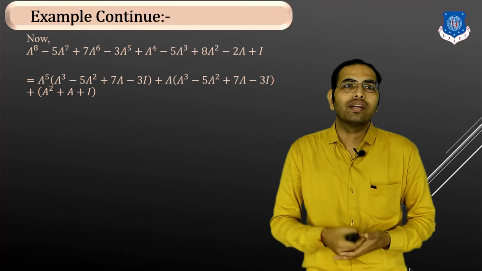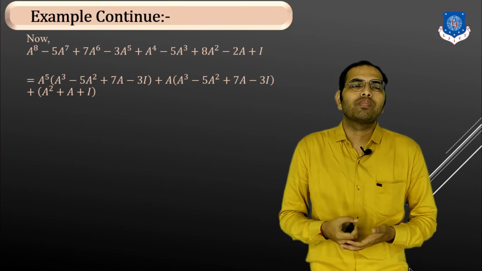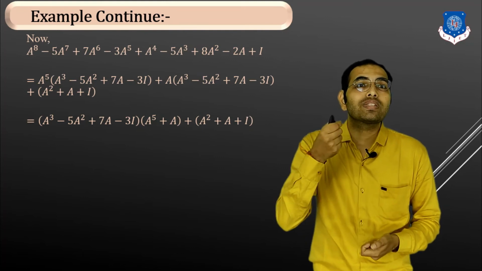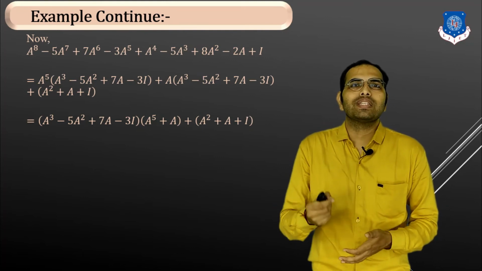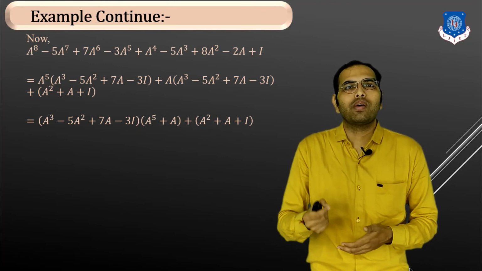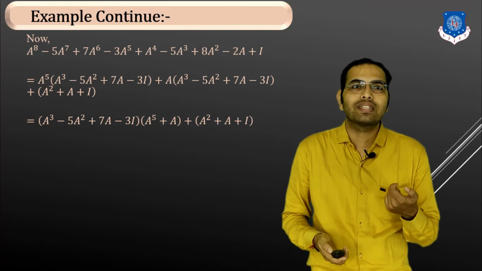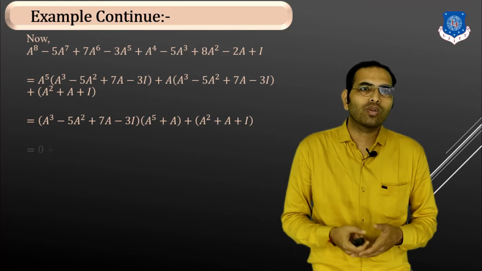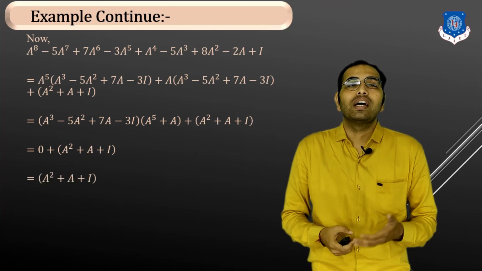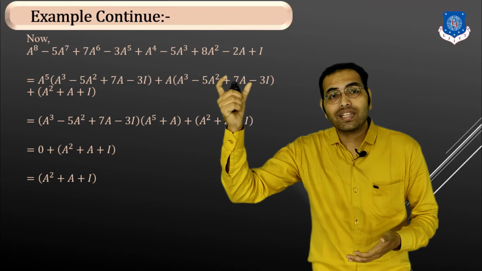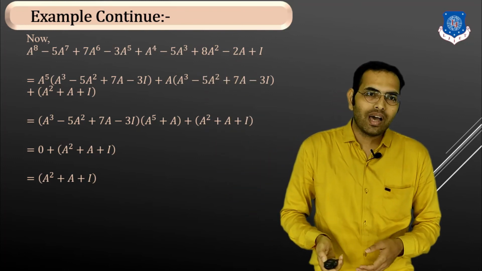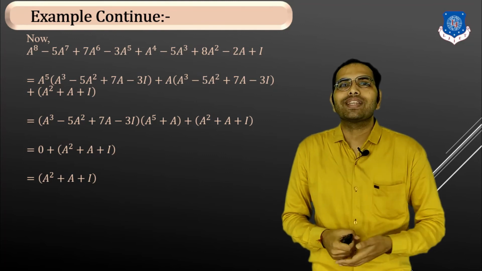Then simplified, that means (A^3 - 5A^2 + 7A - 3I) into (A^2 + A + I). Here we already know the value of A^3 - 5A^2 + 7A - 3I is 0. Then 0 into anything is 0, which will give you A^2 + A + I. That means the simplification of the matrix representation of the long polynomial form is A^2 + A + I. Here we used the term adjustment method.